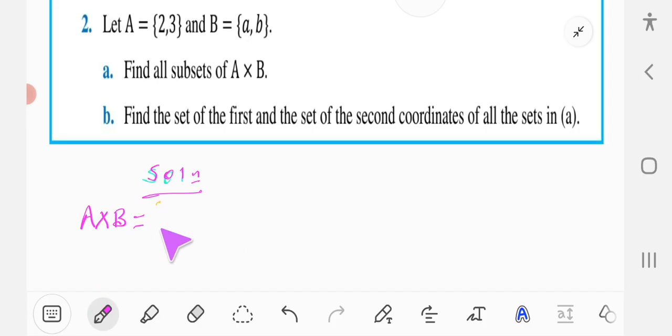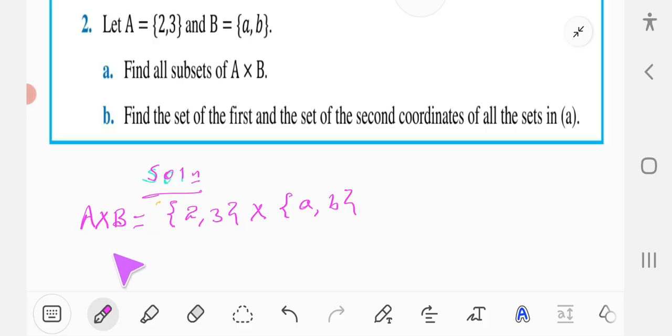Follow here. A is the set containing 2, 3, and then the cross product of this set with the set B. B contains a, b.